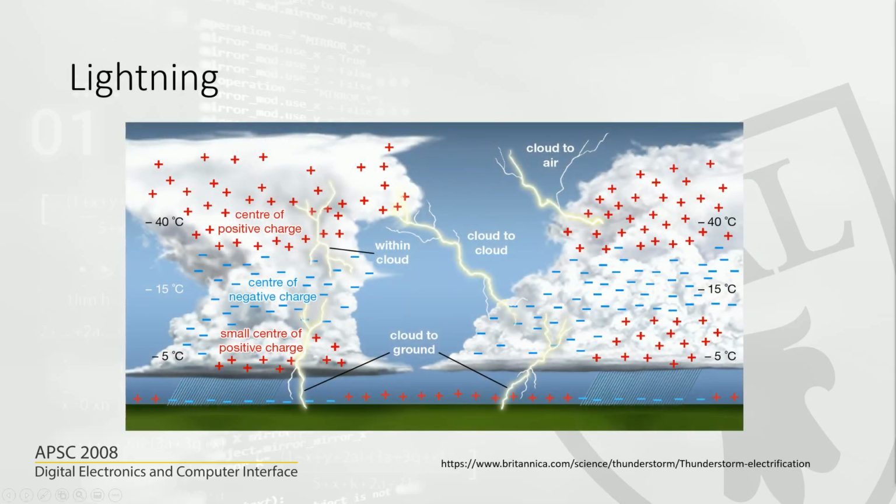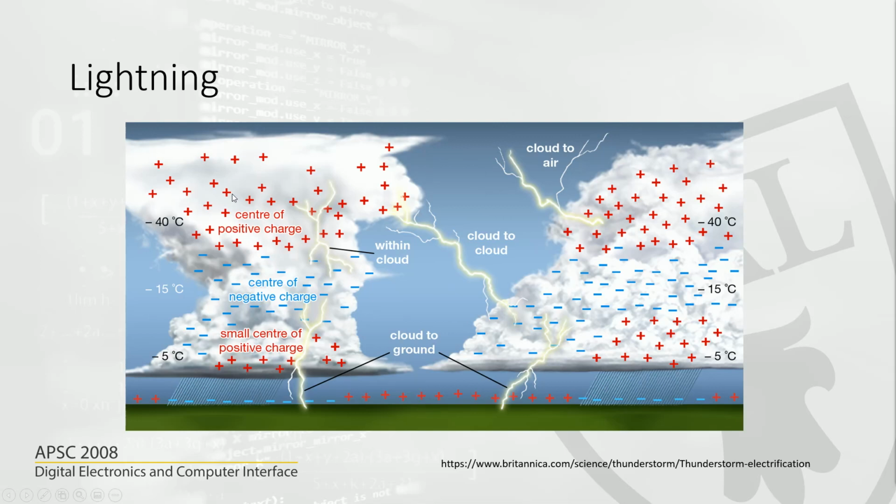Another example of charges is when clouds are having a draft. Because of the temperature difference in the cloud, up higher the temperature is going to be really low, and very close to the ground it is going to be high.